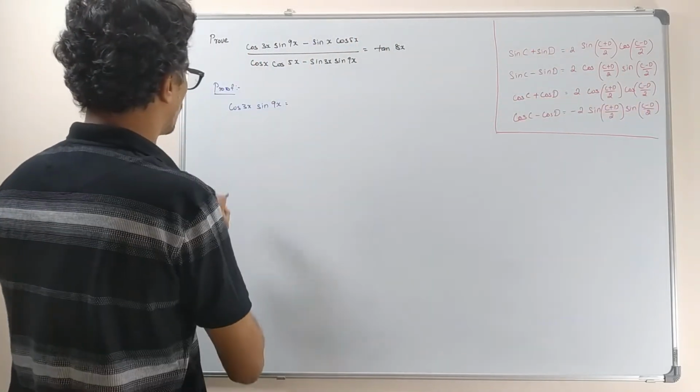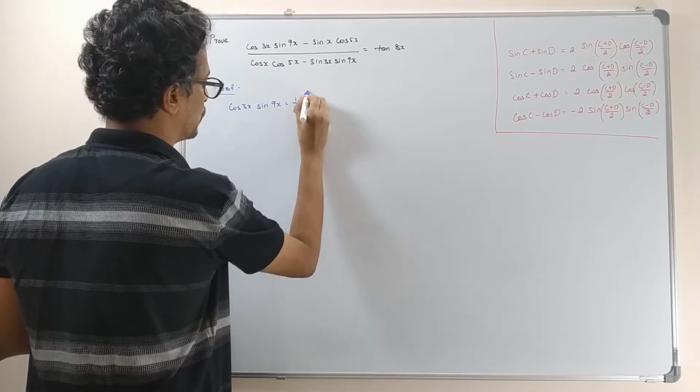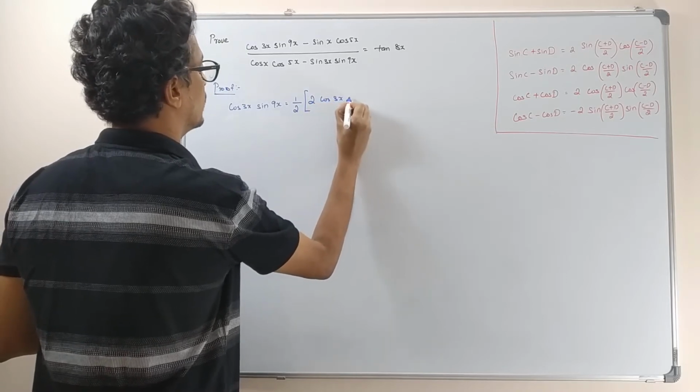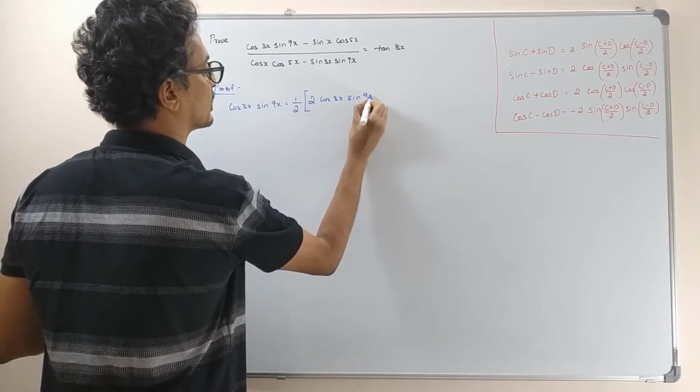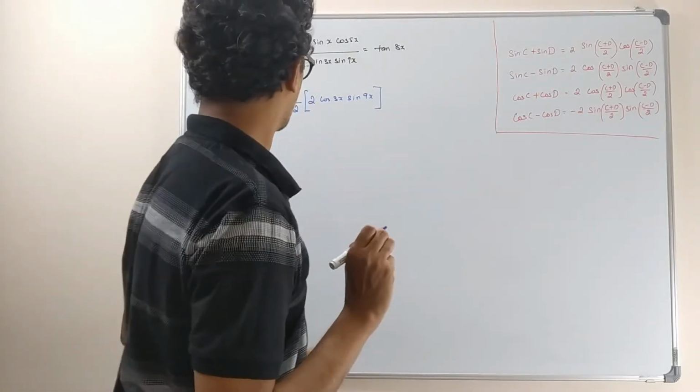First I am going to multiply and divide by 2: 2 times cos 3x sin 9x. Let us see whether we can get into this formula.